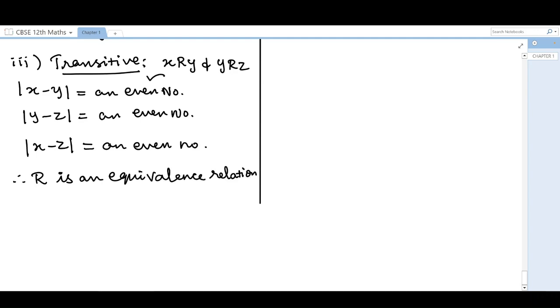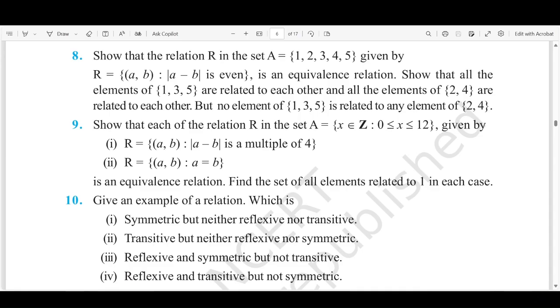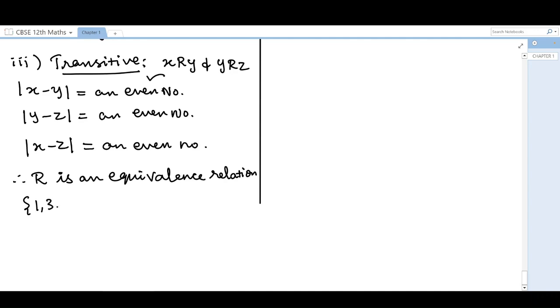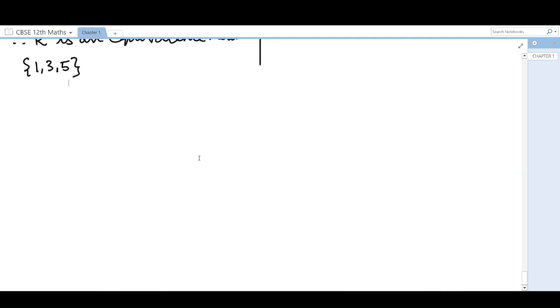Also we have to verify that the subsets {1, 3, 5} and {2, 4} satisfy the conditions given in the question. If you consider the subset {1, 3, 5}, we have to verify whether the elements are related to themselves. So if you take 1 and 3, their difference is 2, and for 3 and 5, again it is 2, an even number.